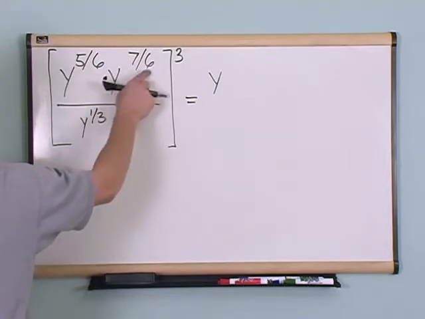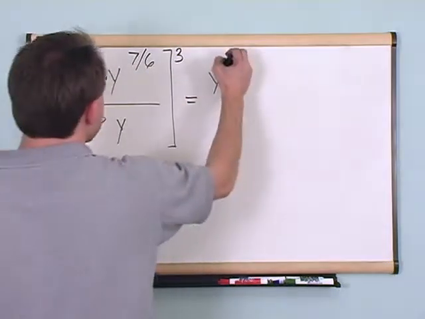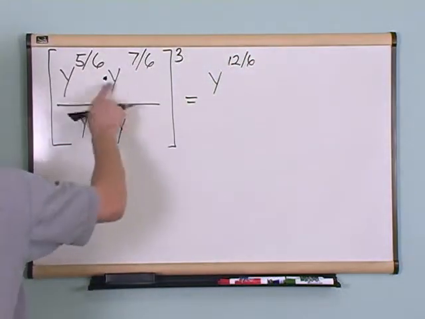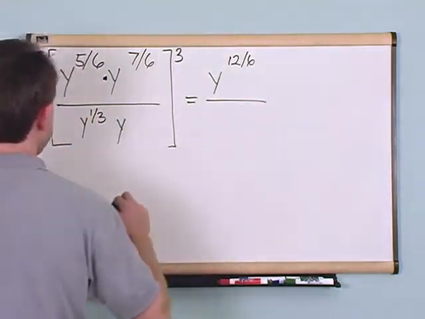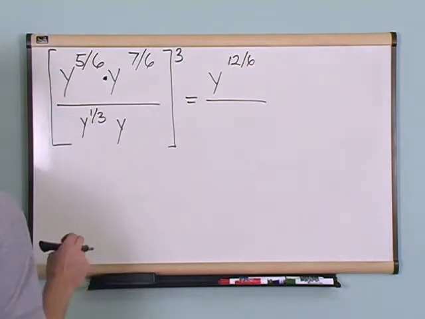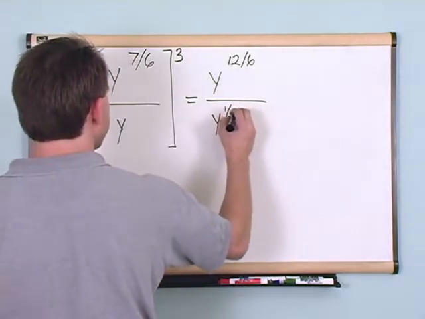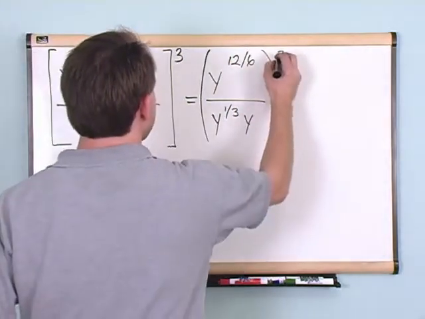The bottom is the same, so all I do is add the tops. 5 plus 7 is 12 over 6. So I've got that. On the bottom, I've still got my y to the 1/3 times y, and don't forget I've still got this whole thing cubed.